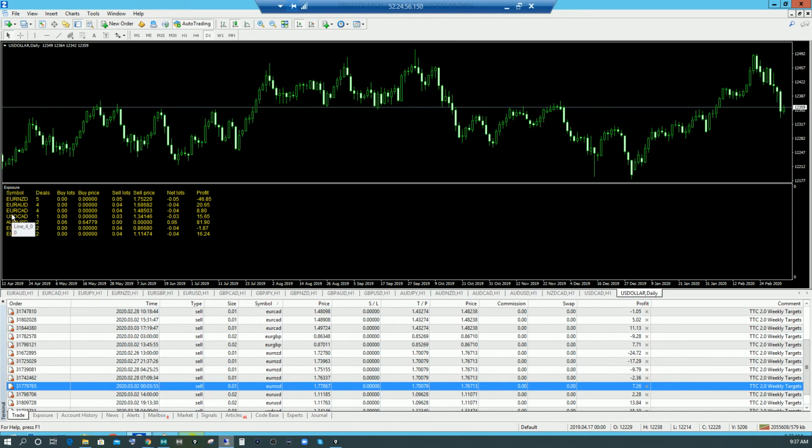So our biggest focus right now would be Euro CAD, Euro Aussie, and then of course Euro JPY. Those are the ones that we're really going to be focusing on, and we are going to be making decisions on those. The others aren't too much of my concern right now, and I'm going to just let them ride out. All right, I'm going to let them play out and see where they take us.